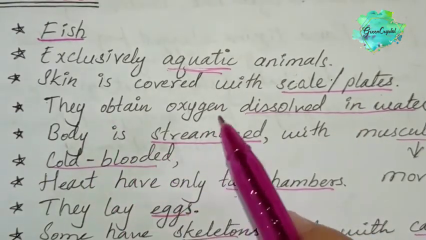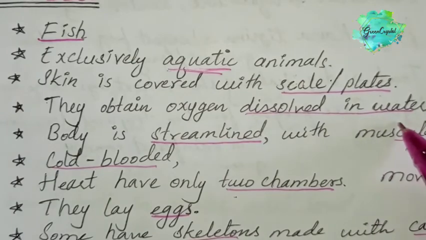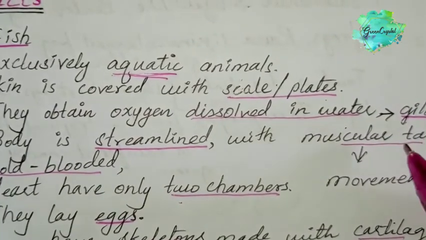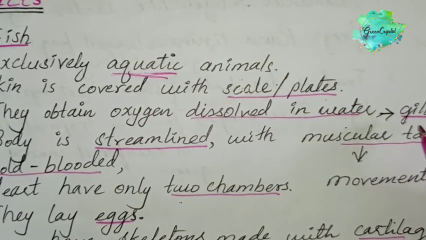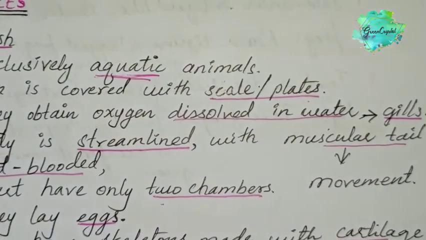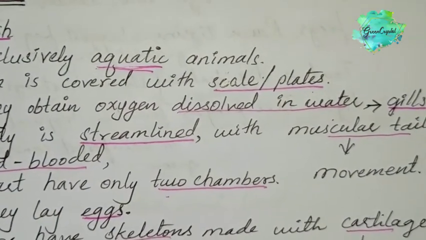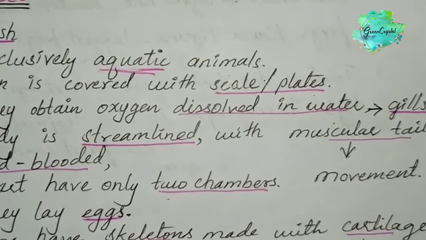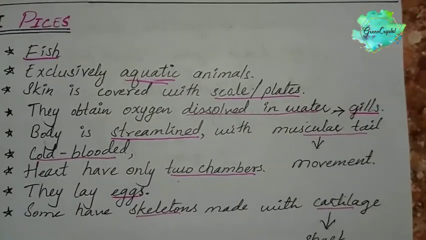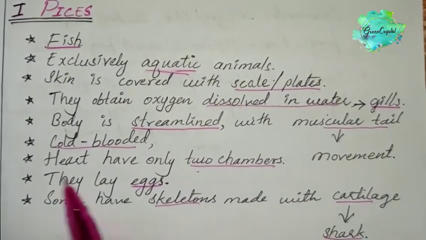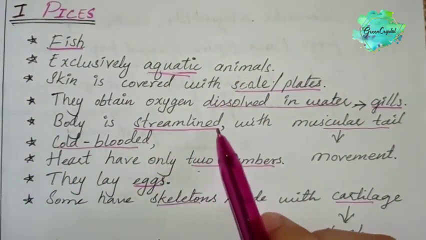They obtain oxygen dissolved in water through gills. How are they obtaining oxygen? Through gills. So the next point is that the body is streamlined.